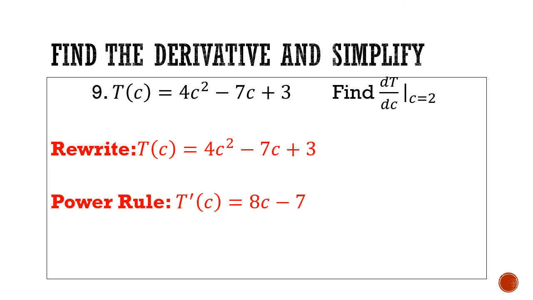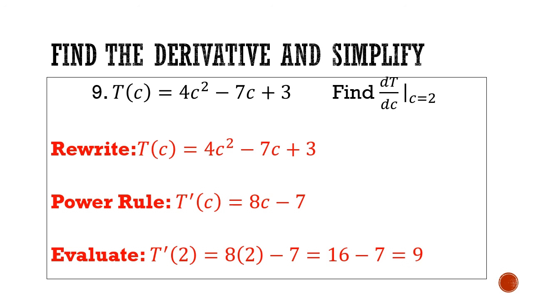So using the power rule, you have that the derivative of T of c with respect to c equals 8c minus 7. So now we're asked to find it when c is 2, so you can take c and plug it into this derivative. So 8 times 2 minus 7 is 16 minus 7, which equals 9. And I believe that is our last example.